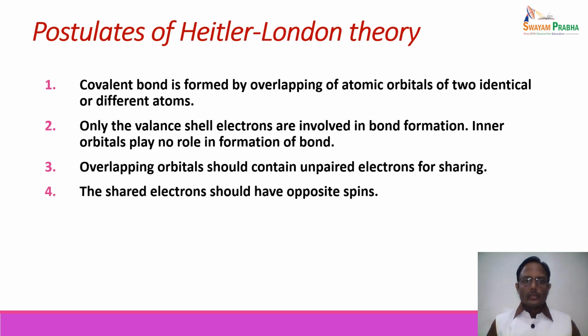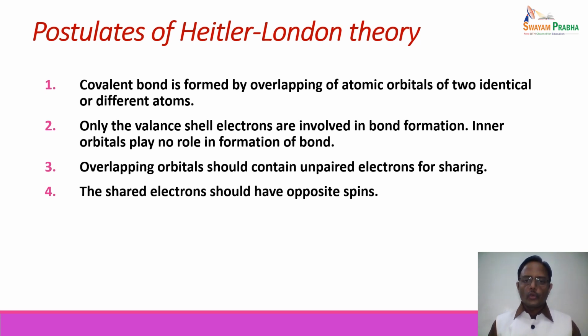And fourthly, the shared electrons should have opposite spins. Now, while discussing the quantum numbers, we have seen that there are 2 types of spins, clockwise spin and anti-clockwise spin of the electron. When the electron is revolving around the nucleus, it is rotating around its own axis, and we know that electrons can be paired only if they have opposite spins.